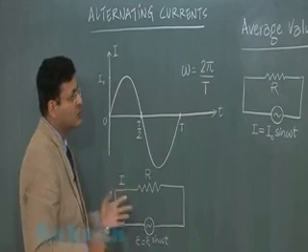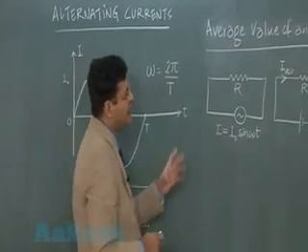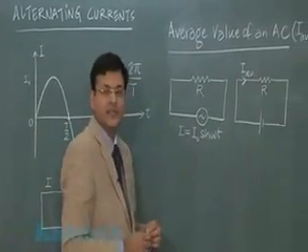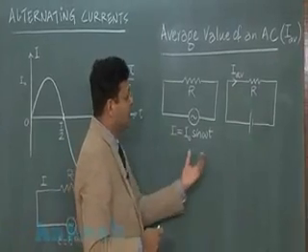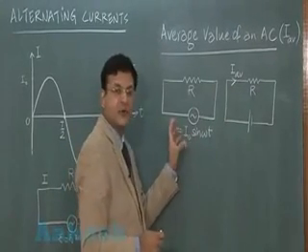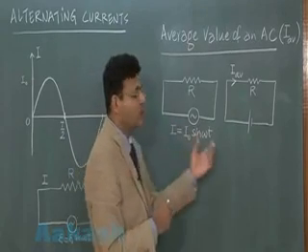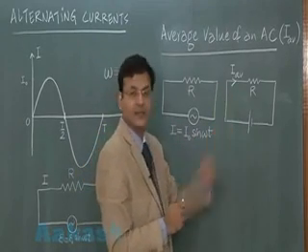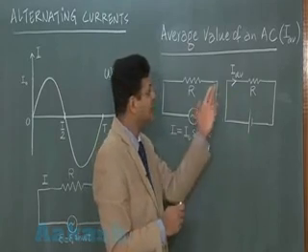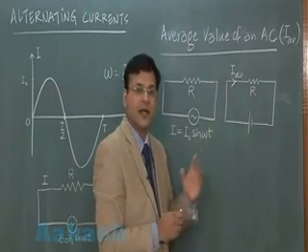So here, for the sake of defining the average value of an AC, we say that whatever amount of charge is flown by an AC over its half cycle, if the same amount of charge is flown by some constant current through the same circuit, then that constant current is called average value.